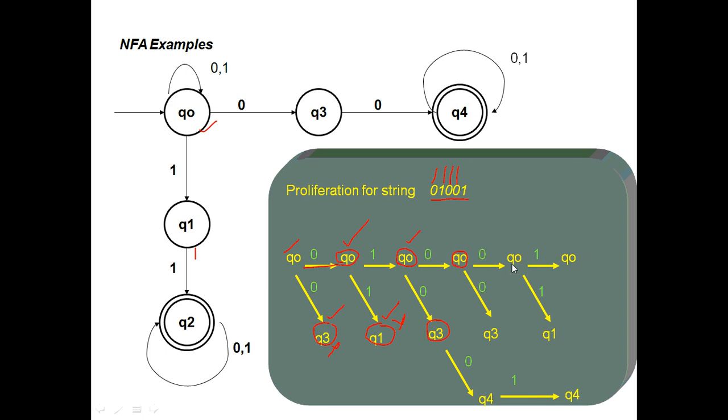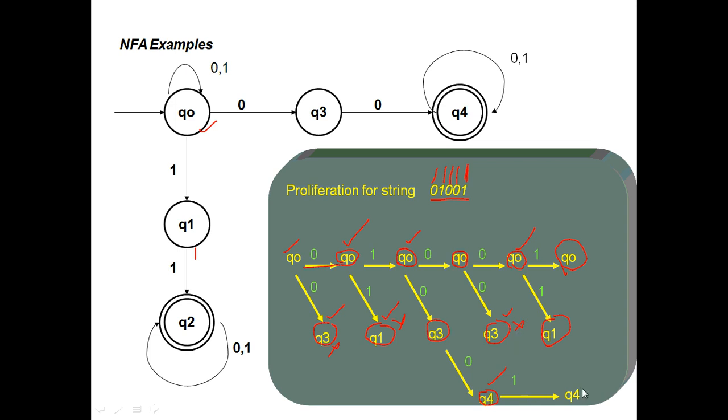With 0 we have Q0, Q3, and from Q3 by giving 0 we will have Q4 itself. Now we have three states, Q0, Q3 and Q4, and we take the last input. In Q0 for 1 we have Q0, Q1. From Q3 for 1 we didn't have any transition, it is going to be cancelled, and we have Q4.